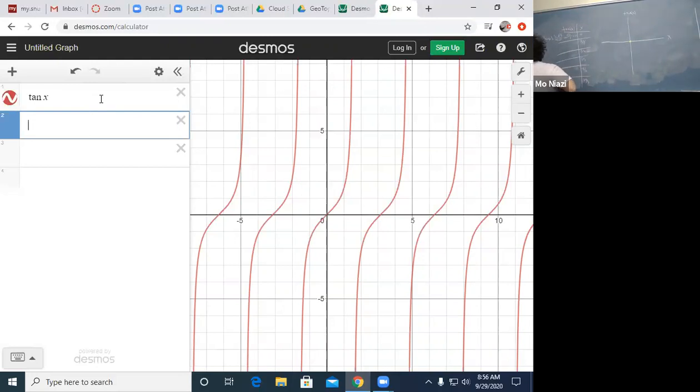What is the tangent of pi over 6? That's the same thing as the sine of pi over 6 over the cosine of pi over 6. Okay? That's a half over root 3 over 2, right?